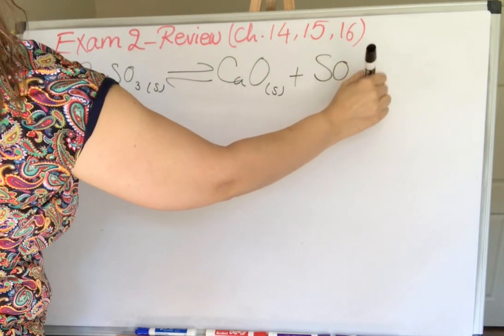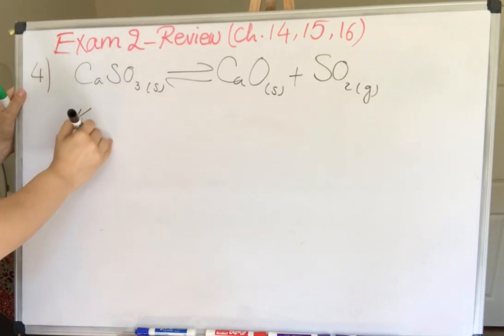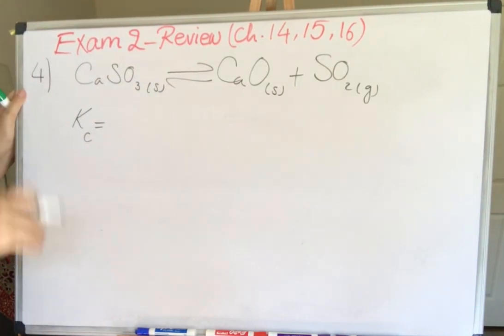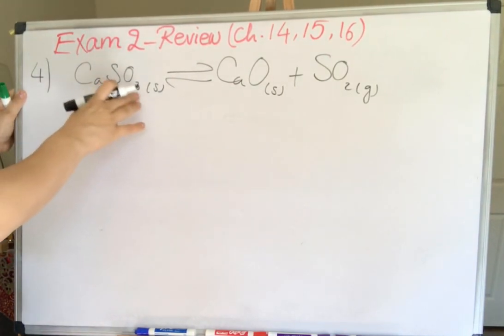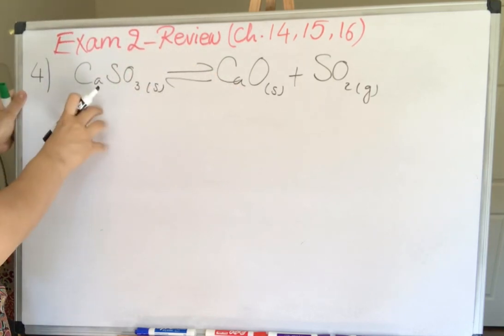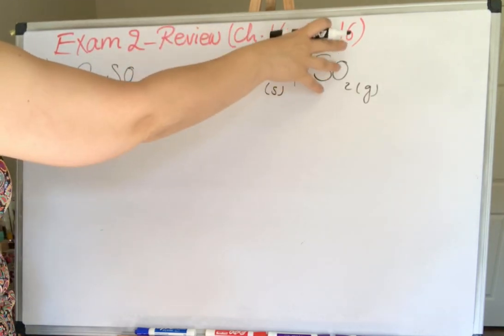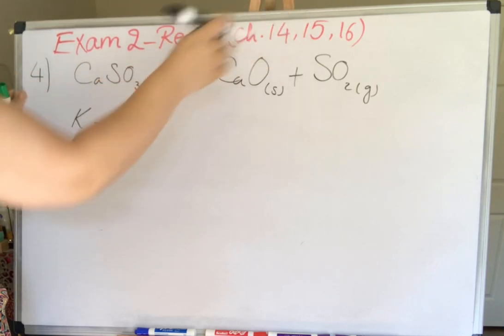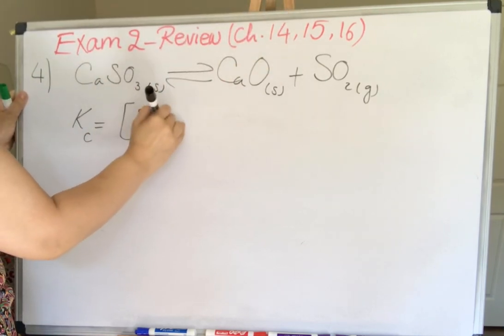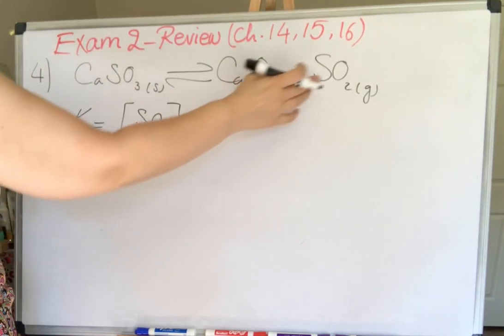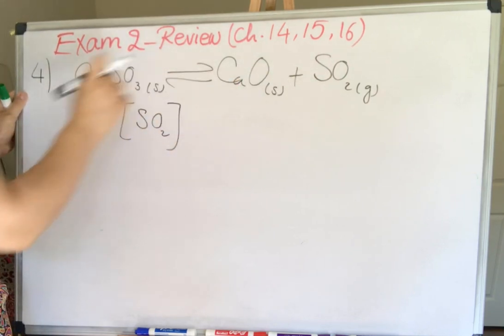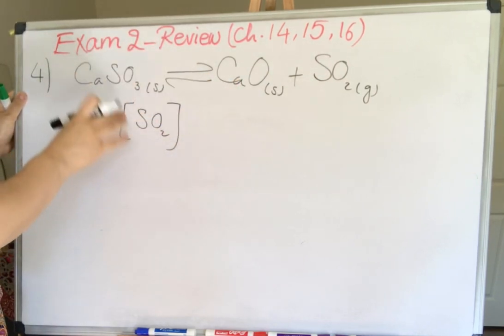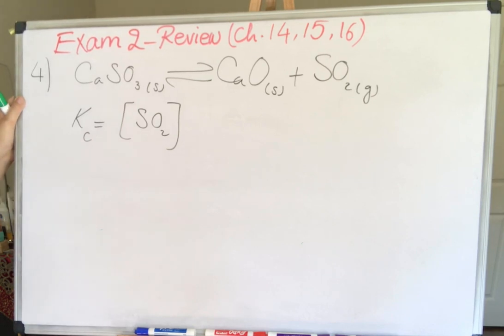So let's write the Kc. What do we write for Kc? Only gaseous compounds. We do not include solids or liquids. And Kc is written by dividing the concentration of products over the reactants. The only product in the gaseous phase is SO2. There is no other product or reactant in the gaseous phase, so it's simply SO2, which is B. That's how you choose B.